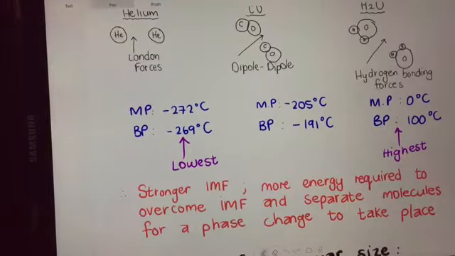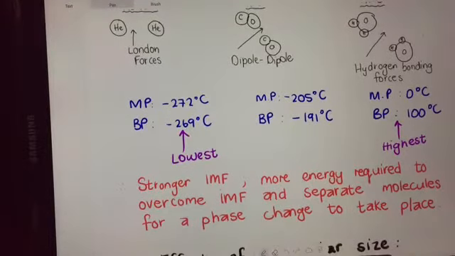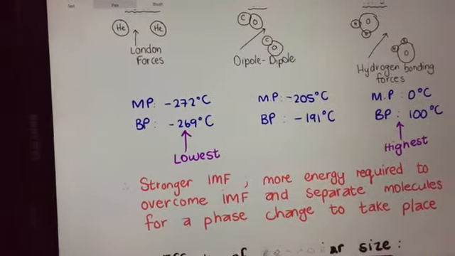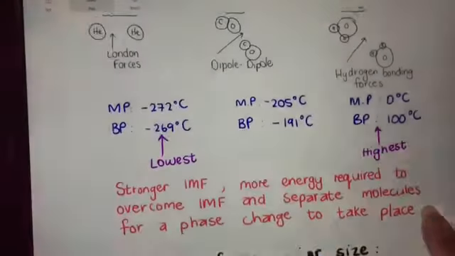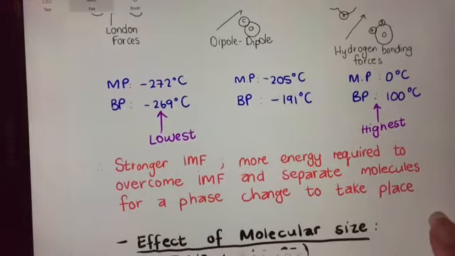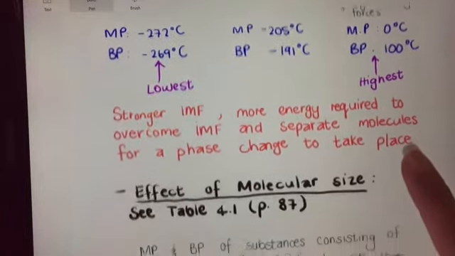So from this, we can see that the stronger the intermolecular forces between the particles, the more energy is required to overcome the intermolecular forces and to separate the molecules so that a phase change can take place. So in other words, if I have a substance with a very high boiling point, for example, it means that there are very strong intermolecular forces present between the particles.